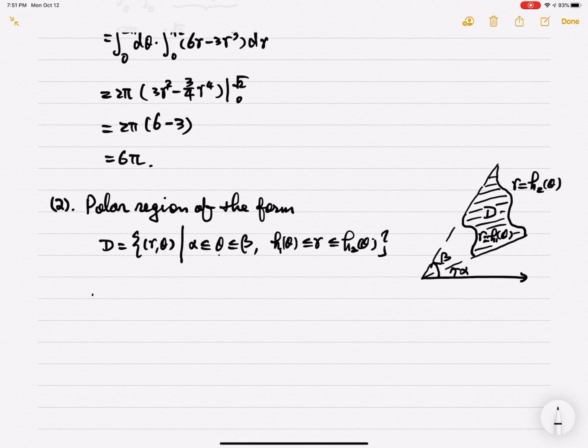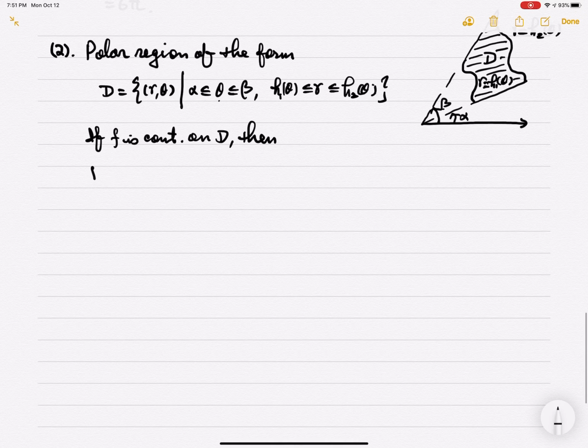Then we say if f is continuous on D, then we have this. If you want the integral of f(x, y) over D, if you change to polar coordinates, theta goes from alpha to beta, and r goes from h1(theta) to h2(theta).